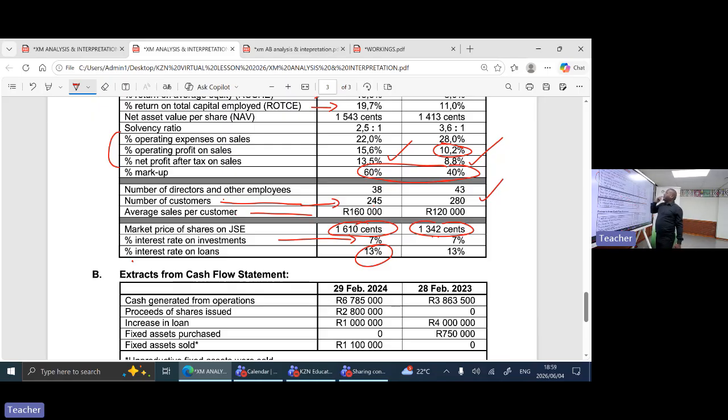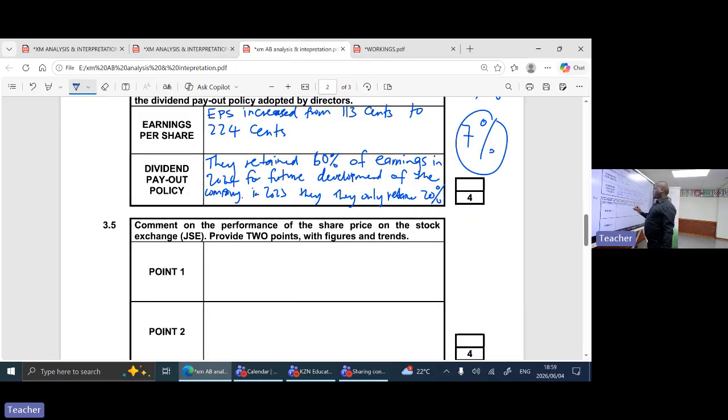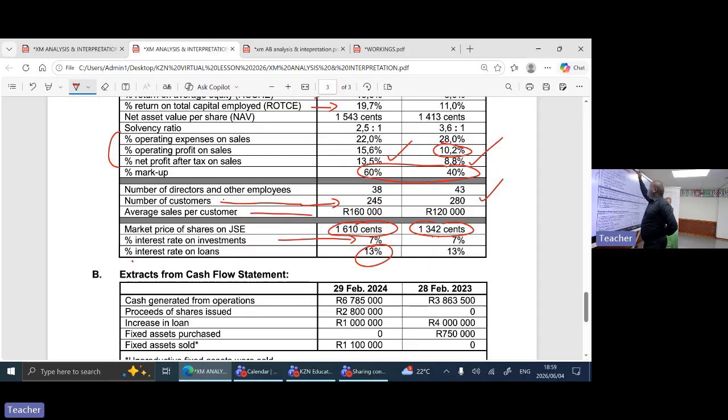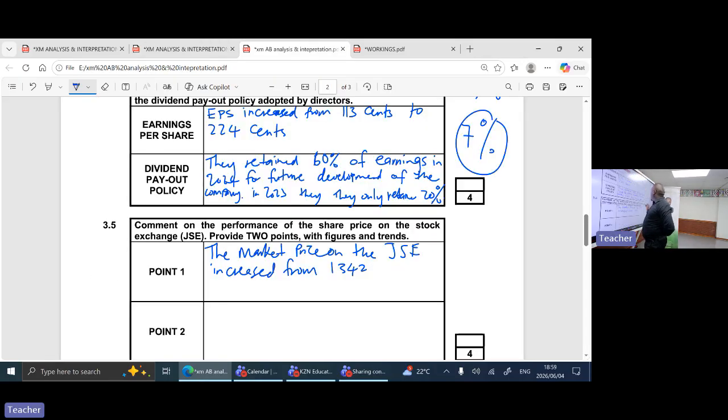So the first point you mention: the market price on the JSE increased from 1,342 cents to 1,610 cents.